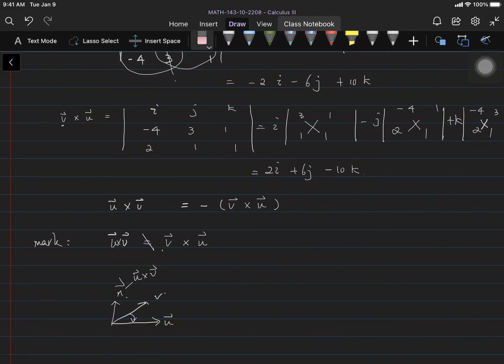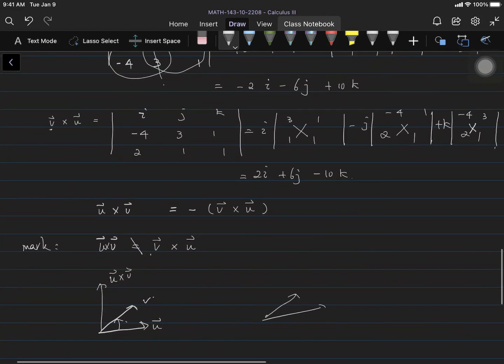Using the right-hand rule, we start from U and go to V, and the thumb points to U cross V. The other way, V cross U: the right hand starts from the V vector and goes to the U vector, and our thumb goes in this direction.